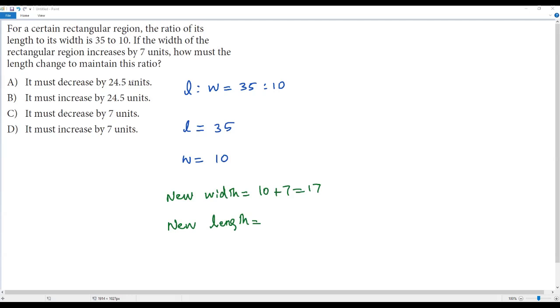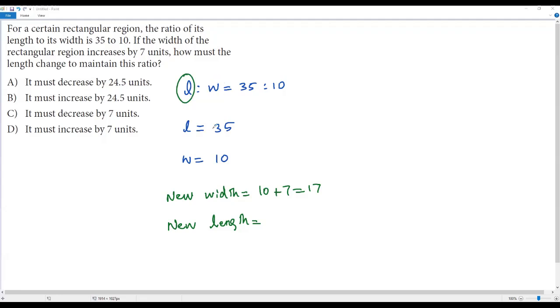So let's go through the information. After the changes, when the width of the rectangle increases by 7 units and the length is changed by some units, the same ratio has to be maintained. We have two quantities in the ratio 35 to 10, and we change both quantities, length and width.